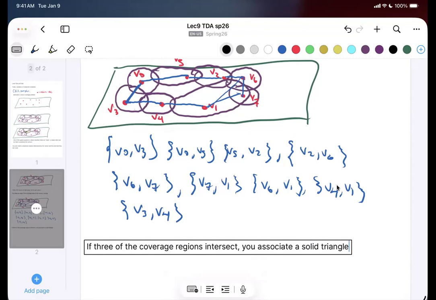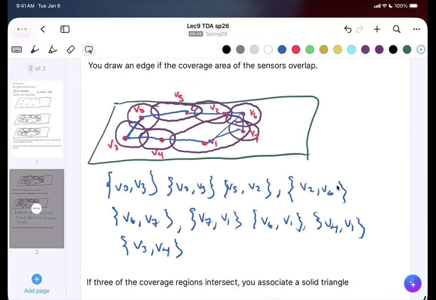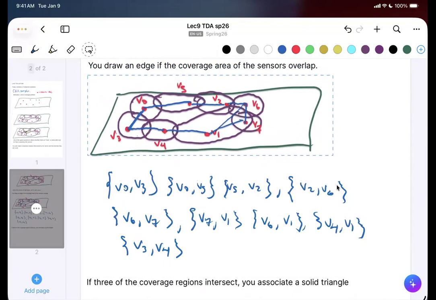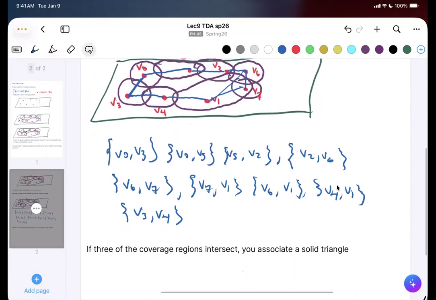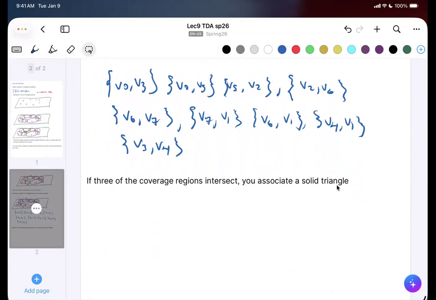Just to not throw too much terminology, but here you cover it by open sets. An open set is something where the boundary is not part of the region.